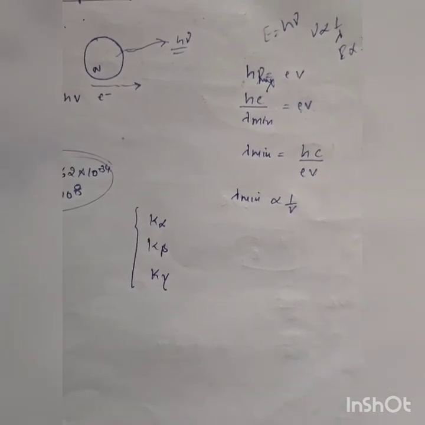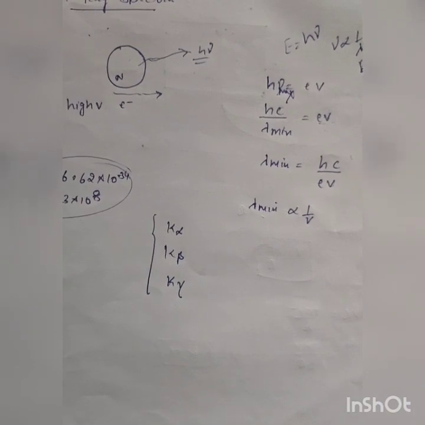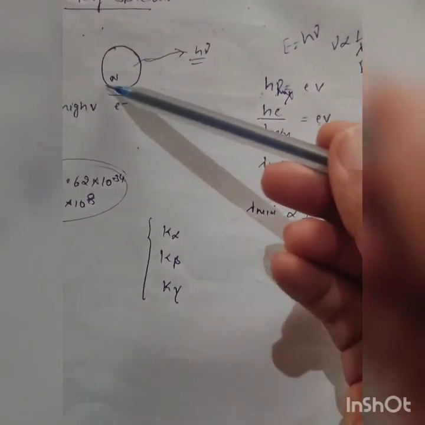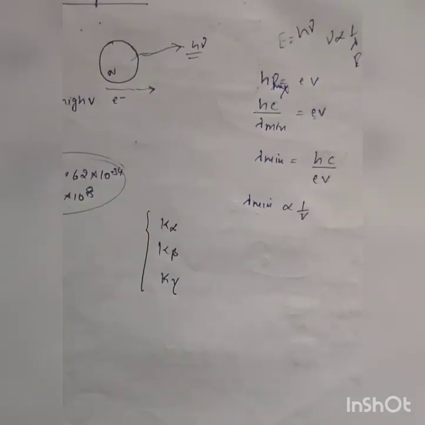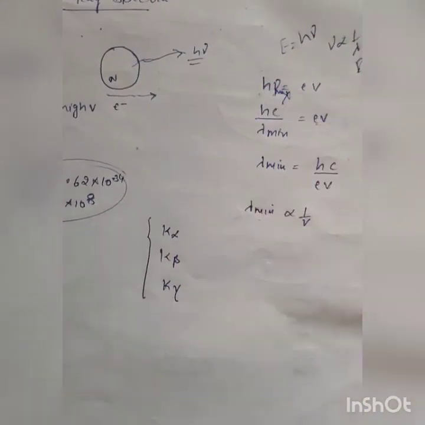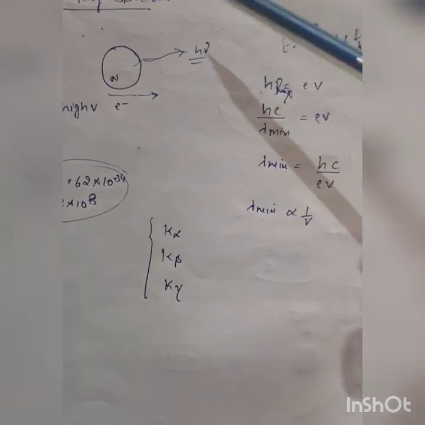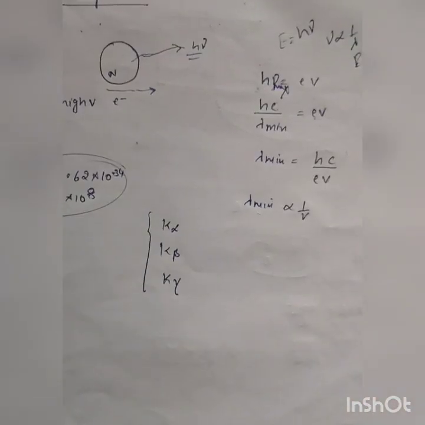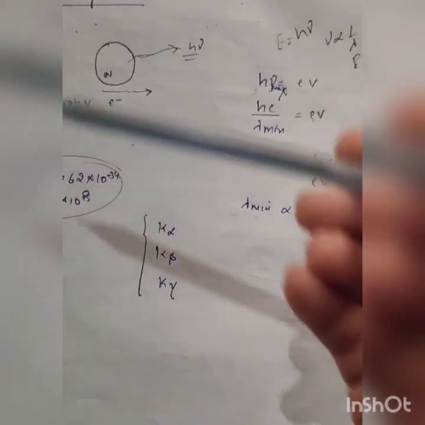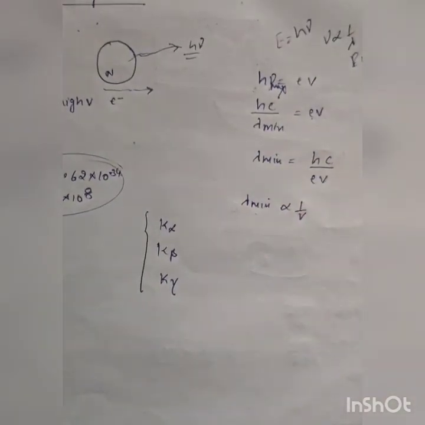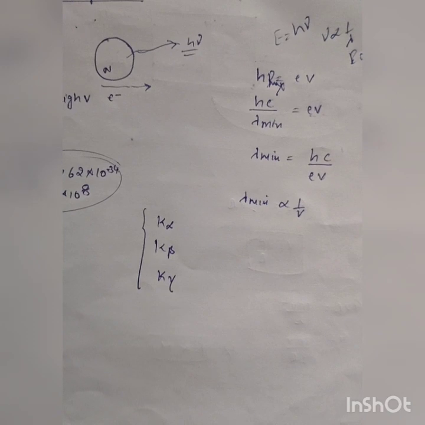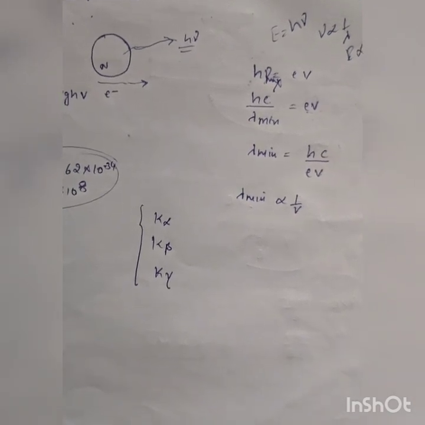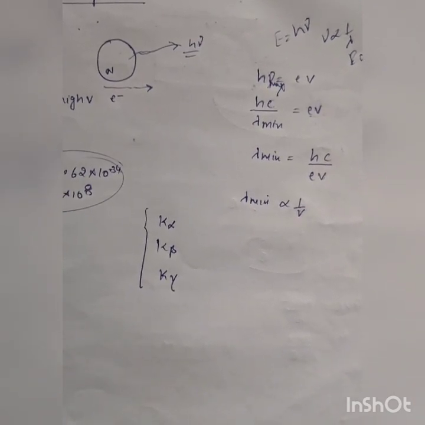Now we discuss the origin of the characteristic X-ray spectrum. When the fast moving electron collides with an orbital electron of the target atom, as the nucleus does not exist alone, there is the atom in which the nucleus exists, and the atom also contains electrons. So this fast moving electron comes in contact with the orbital electron.